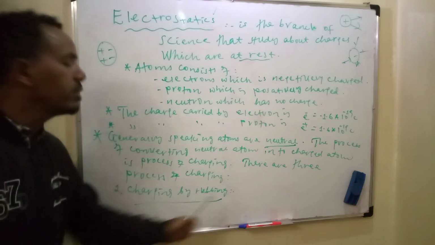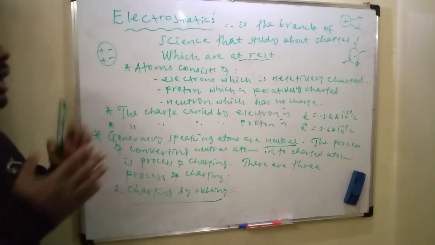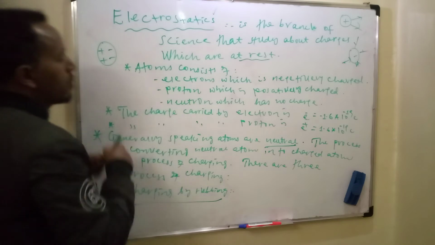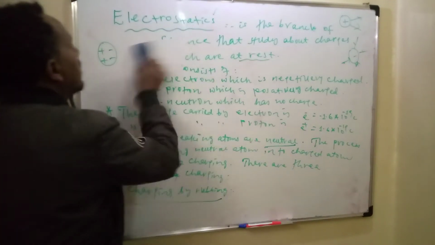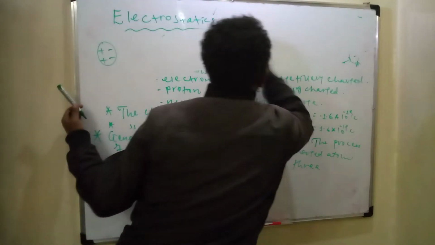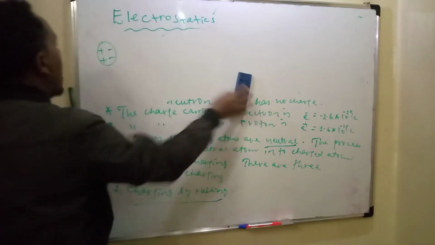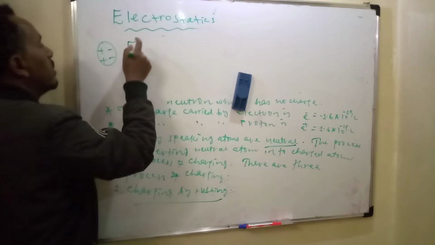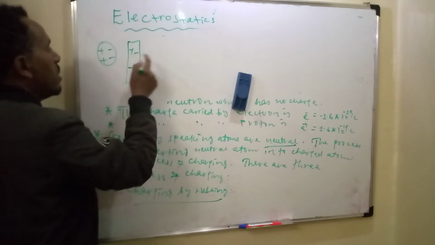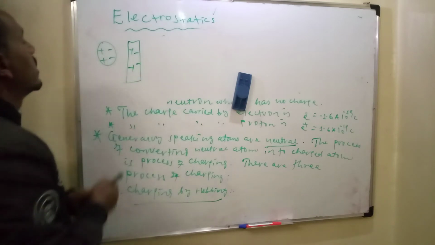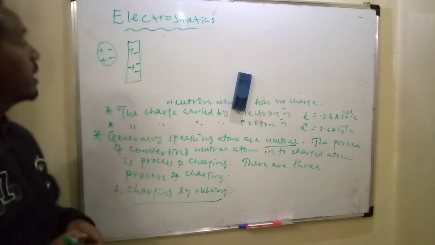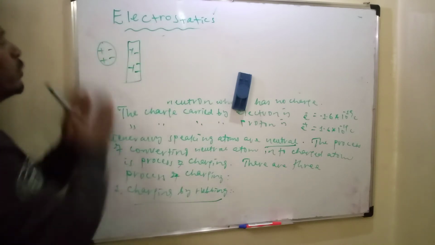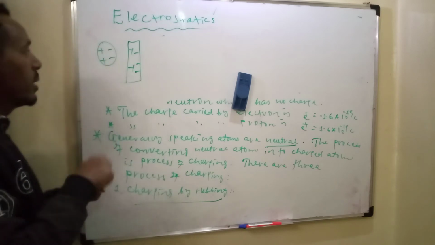The first way is charging by rubbing. When two bodies are rubbed together, for example, this is a neutral sphere, and it is rubbed with a rod, which is also neutral. Let's say this is a charged rod rubbed with the neutral sphere.